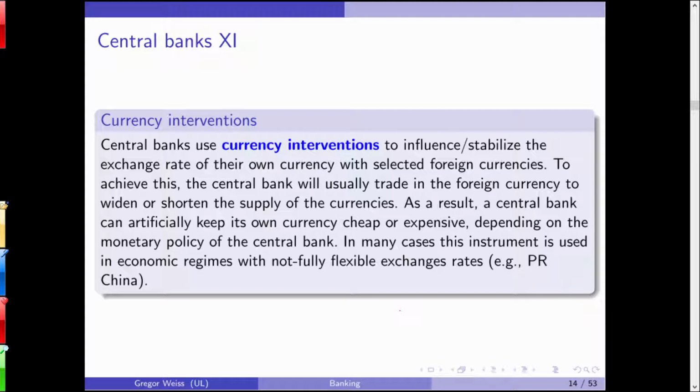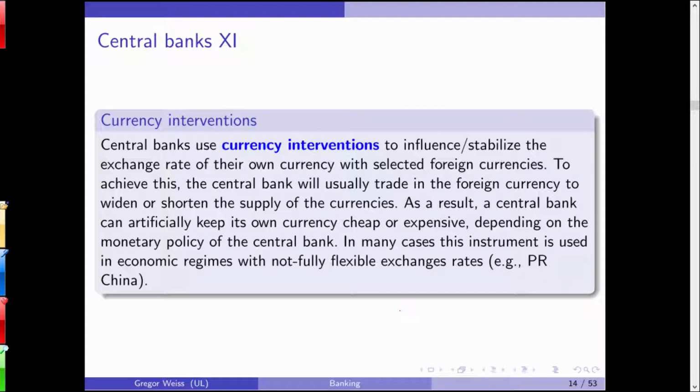And currency interventions are simply buy and sell transactions of the foreign currency. So by decreasing or increasing the supply of its own currency, it can influence the price of the euro against the dollar, yen, etc. And this is done by central banks quite often.